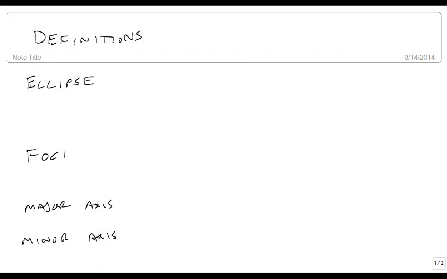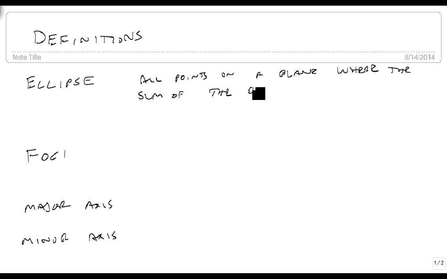We're now going to provide definitions about ellipses. And the definition of the ellipse we're going to use is it's all points on a plane where the sum of the distance from that point to two fixed points is constant.